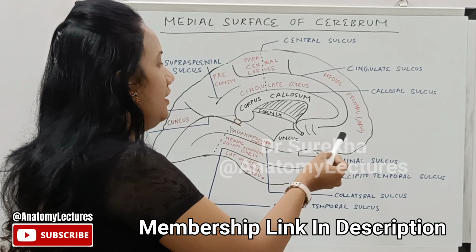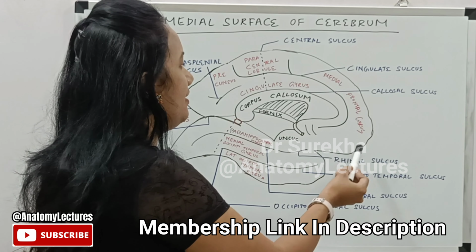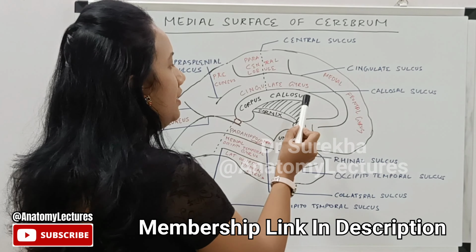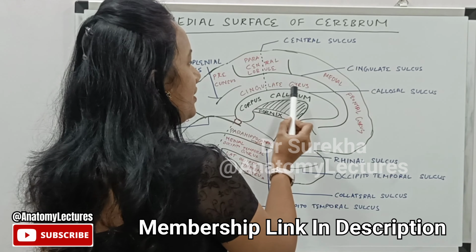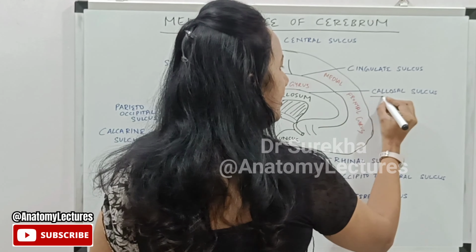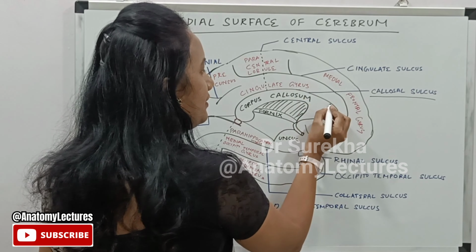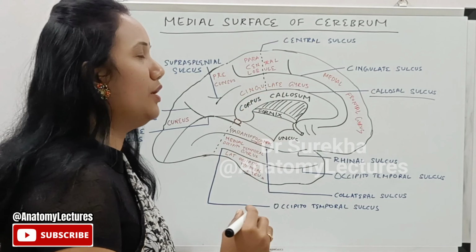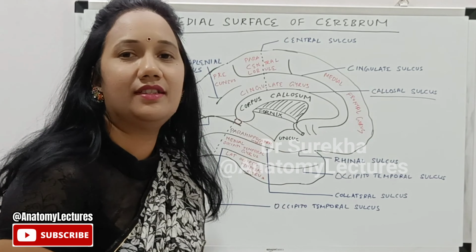If you see on the medial surface of the cerebral hemisphere, the first sulcus which is present is called the callosal sulcus. So this is the callosal sulcus, below which is the corpus callosum.